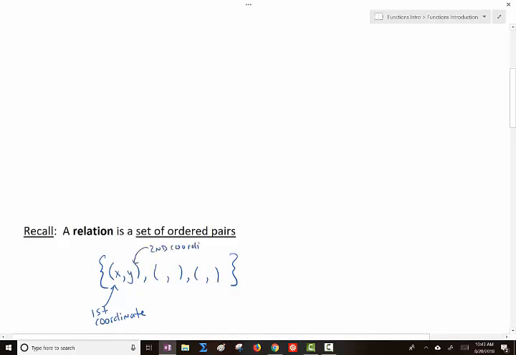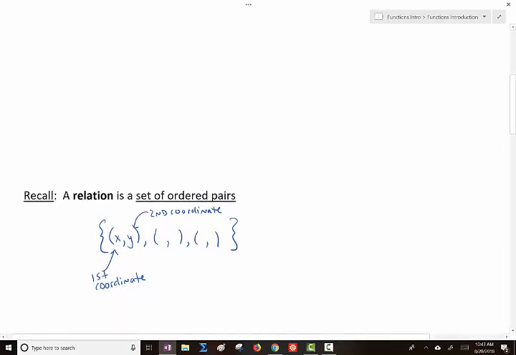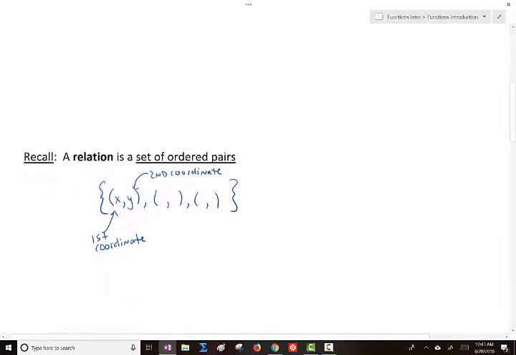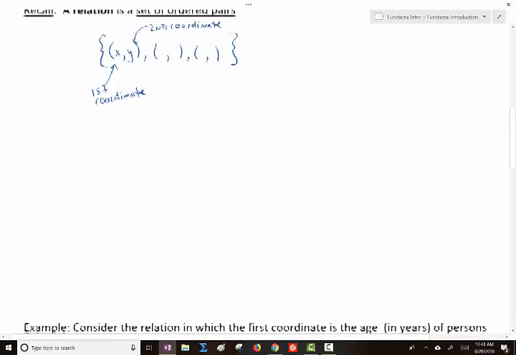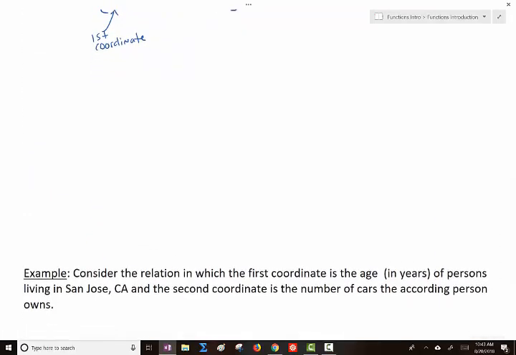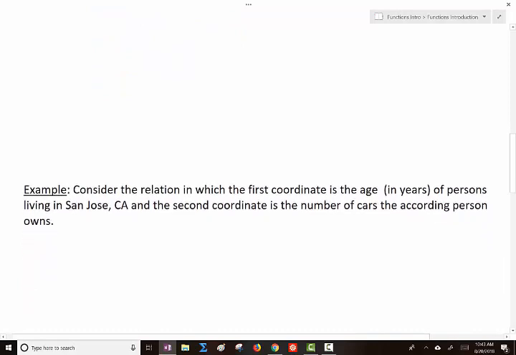In this case, the first coordinate is x and the second coordinate is y. So that is a set of ordered pairs, just to refresh your memory. We refresh this because a function is a special type of relation. So let's get an idea about what a function is by considering the following example.